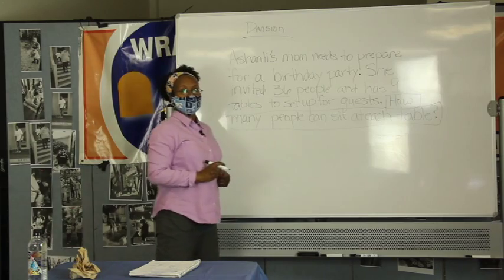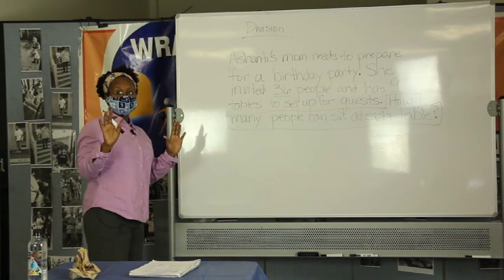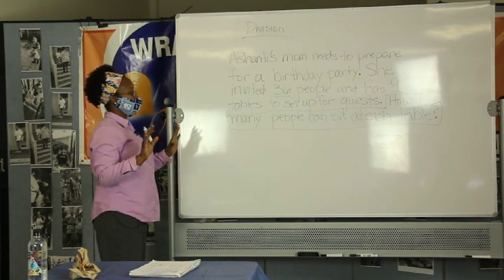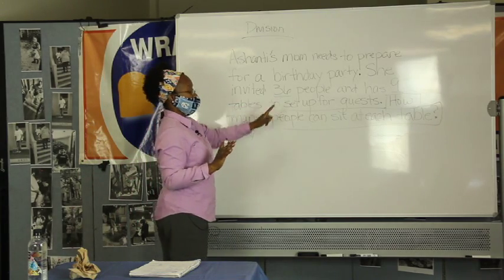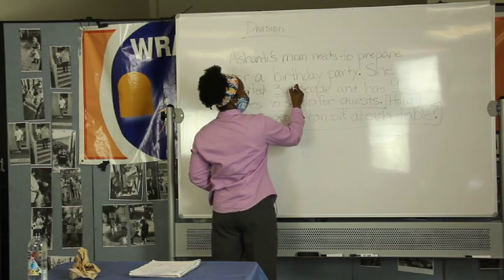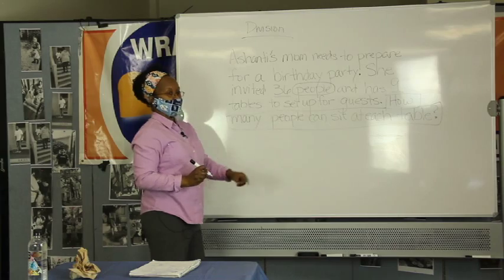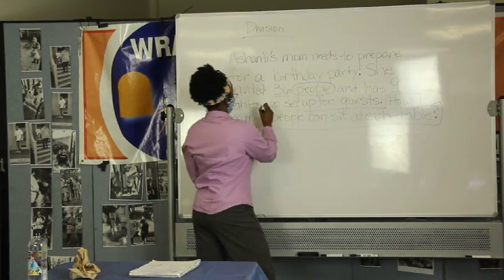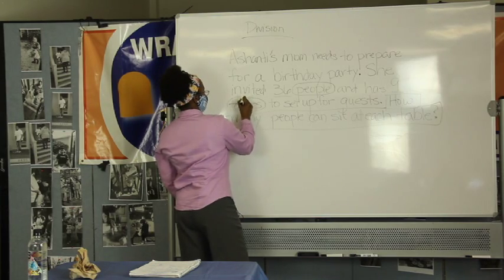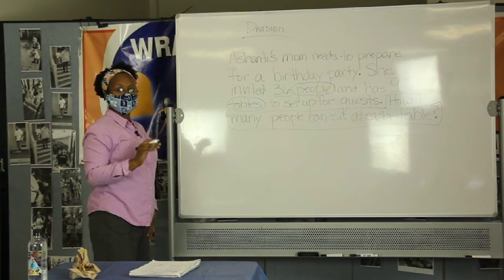So the first thing that I do, this is just me, is I like to make sure that I can see all the numbers really well. I underline 36. You can even do something like, if you want to know what the 36 is attached to, 36 people and 9 tables, if that is what you want to do.